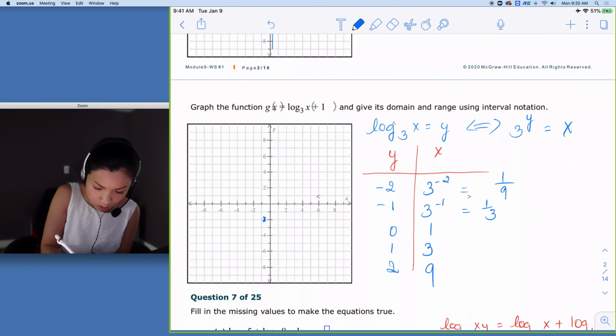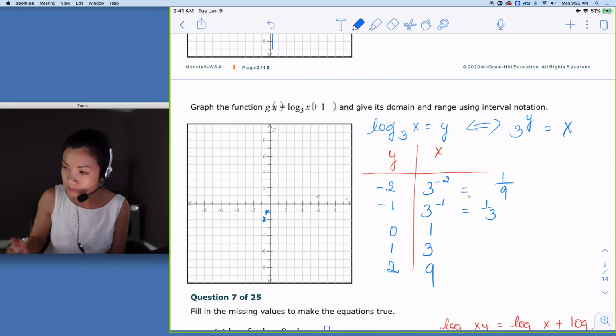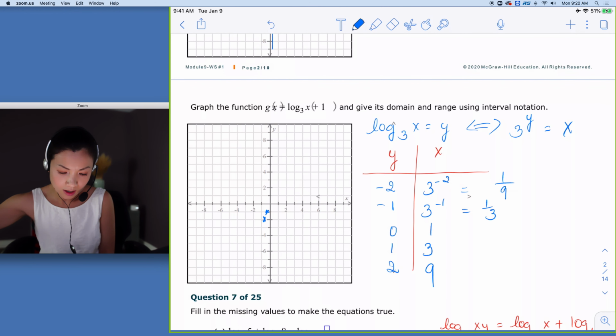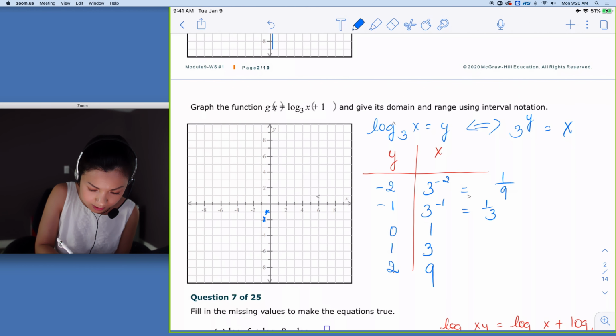And you shift 1 over. And I have (1, 0). So (1, 0), and then you shift 1 over. So it's going to be right here.